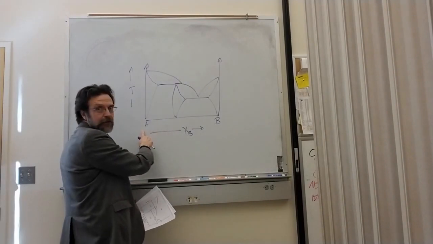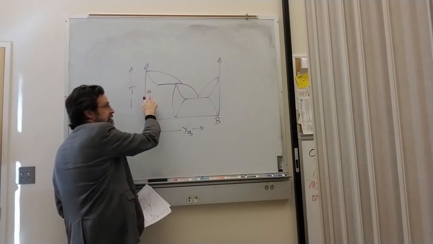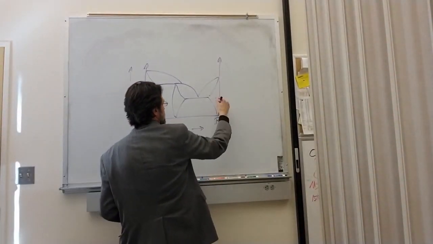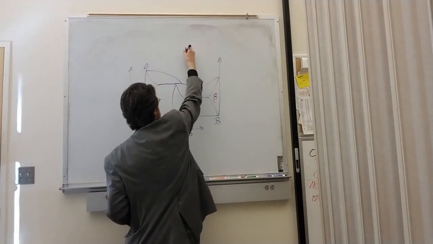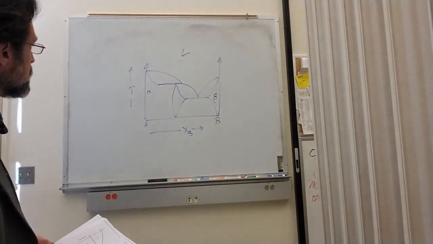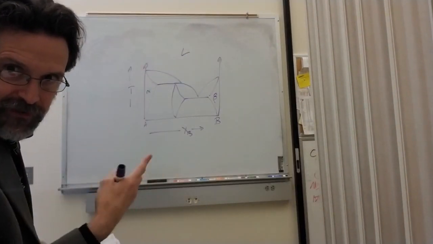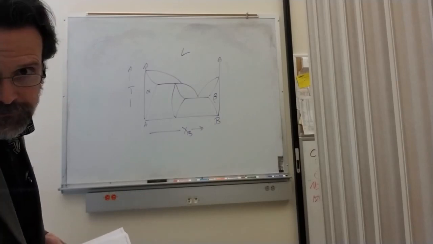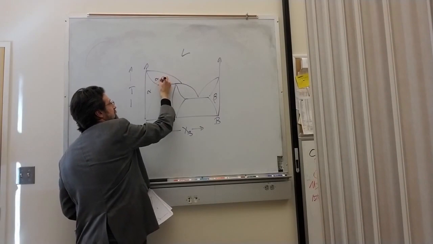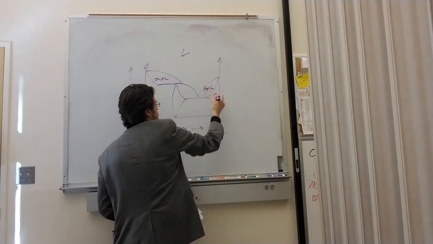So on the left side, we have something which is going to be a phase that is primarily A. Over here, we have a phase which is primarily B. At high temperatures, we have a phase which is liquid. Great. Now, if we start looking at these, I can start filling in some of these two-phase regions, right? So I know here, I must have alpha plus liquid. Over here, I must have beta plus liquid.